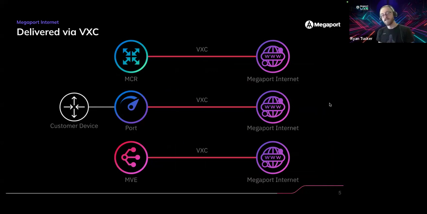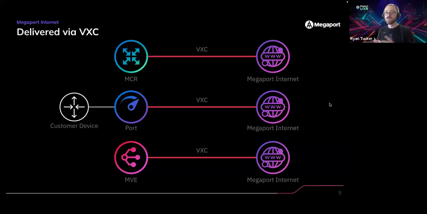Historically, customers have used Megaport to connect from where they are to maybe a public cloud or maybe another data center, maybe some other type of service provider. The internet is now another endpoint, another service that you can just natively bring up a connection to.